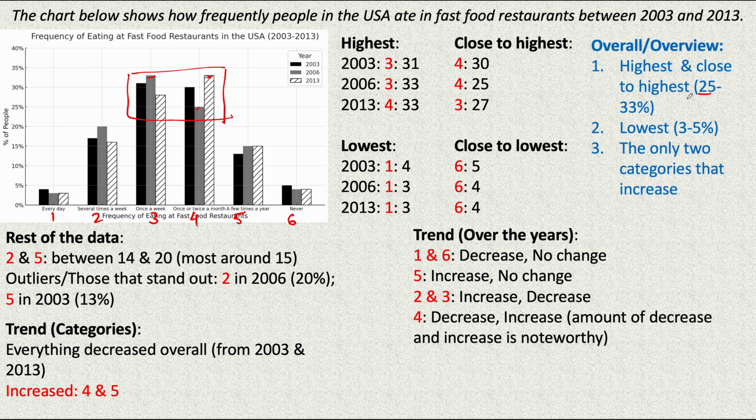That is what we have mentioned here. Then there are two categories which are the lowest with percentages between 3 and 5%. And we can also mention in the overall statement that only two categories increase after 10 years.